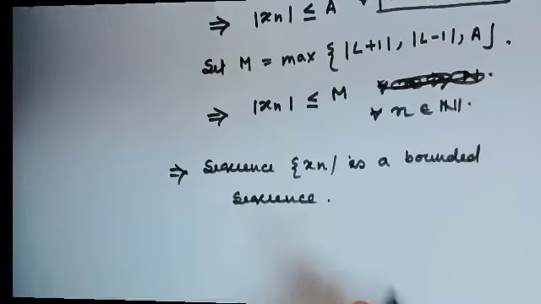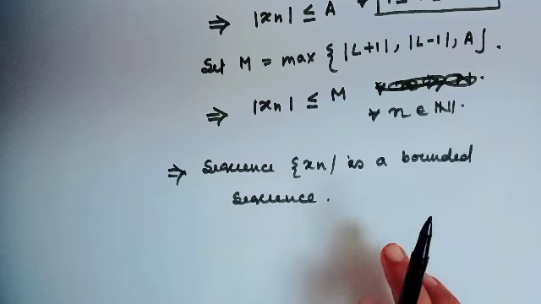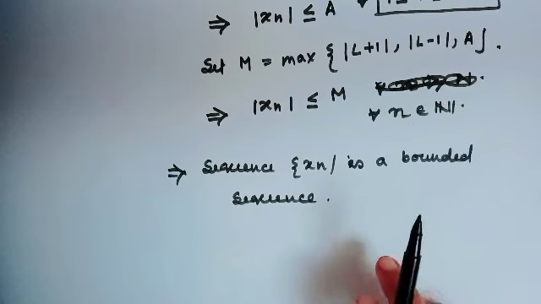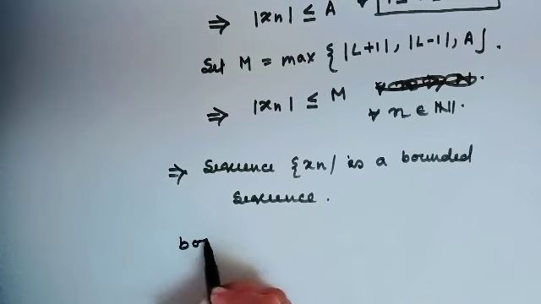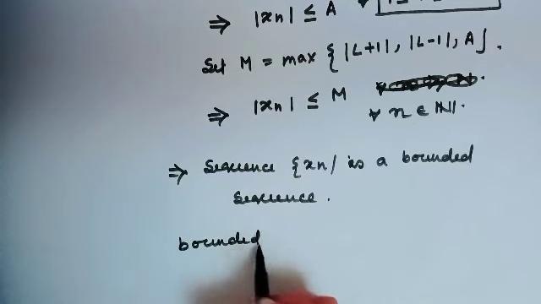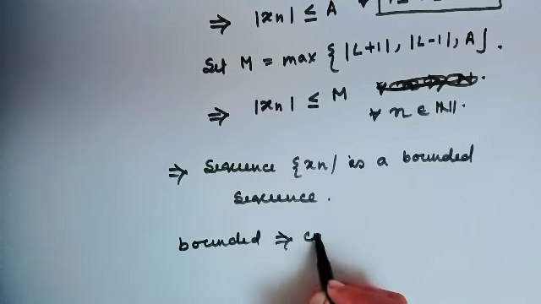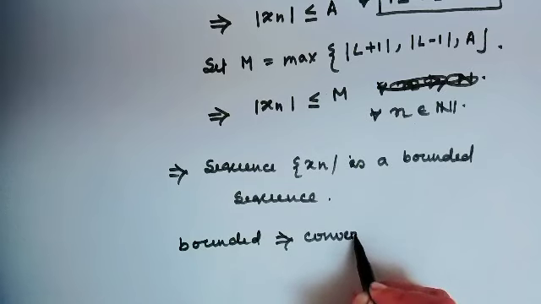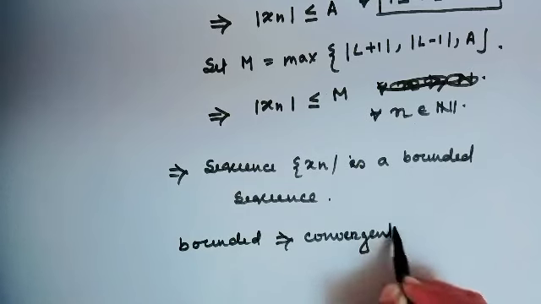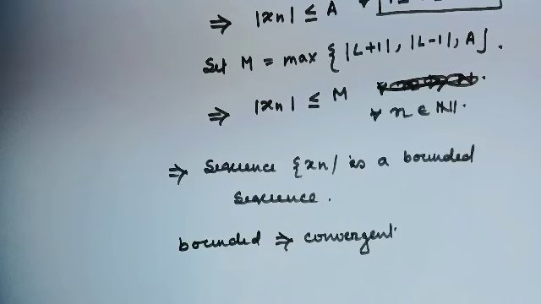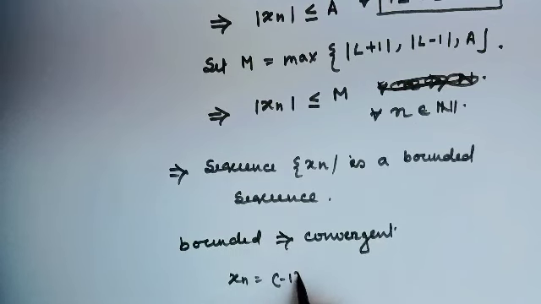My next claim is: a convergent sequence is always bounded, but does bounded always imply convergent? Is the converse true? Just think, consider this sequence minus 1 to the power n.